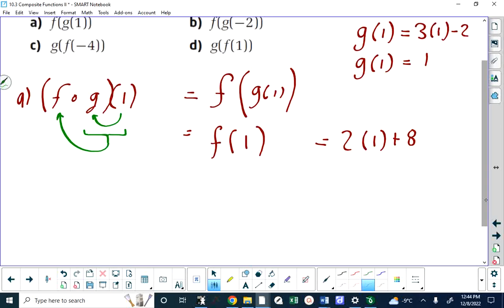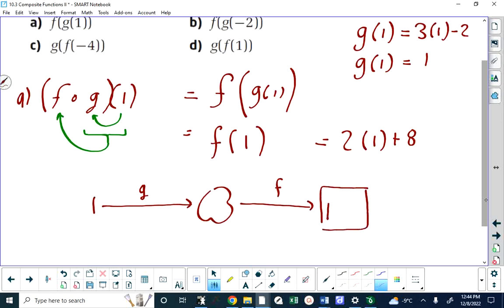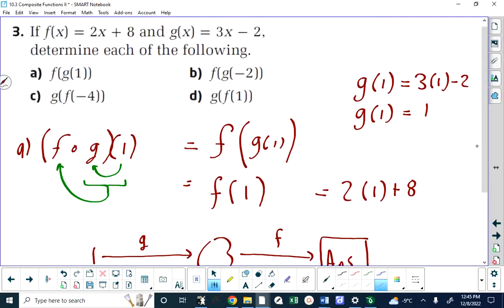You might get lost in terms of what it is you're doing. So all this means is feed 1 through g, whatever you get coming out, feed it through f, and then this is your answer. Now, when I say feed the numbers through, it could be like question 3 that you feed them through by putting the numbers in for x in an equation.